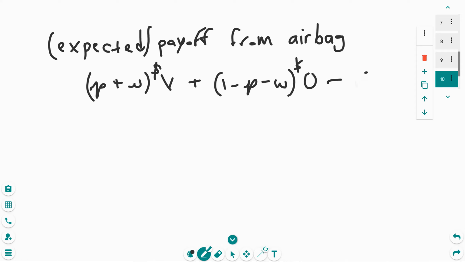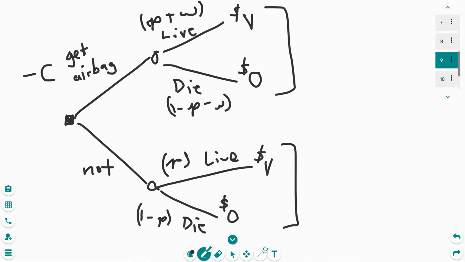And then you also have to pay C with certainty to get the airbag. You also have an expected payoff without the airbag. And if we remind ourselves what that is, that's this lower branch where we have p probability of living and a 1 minus p probability of dying.